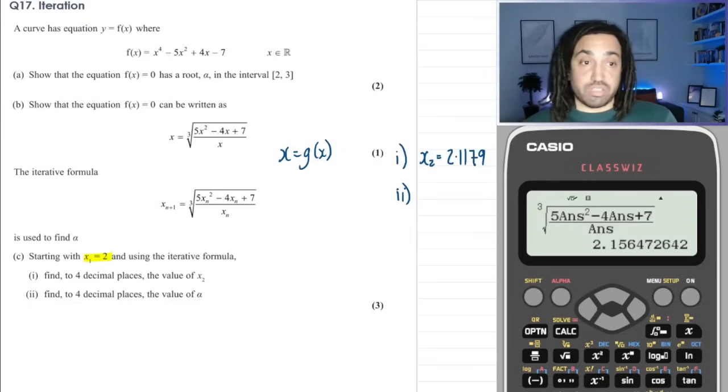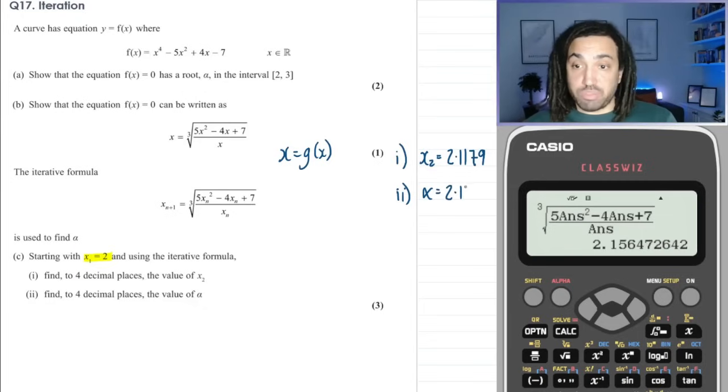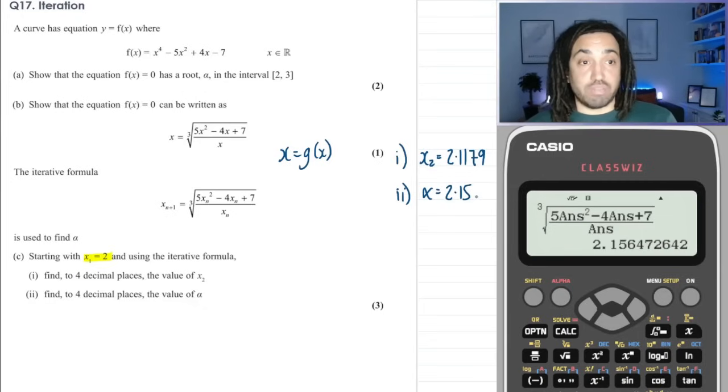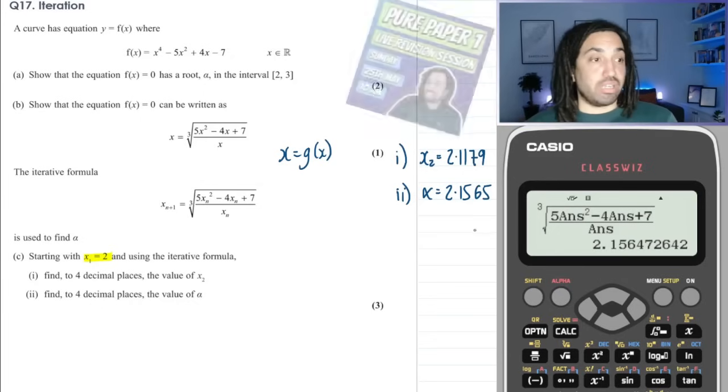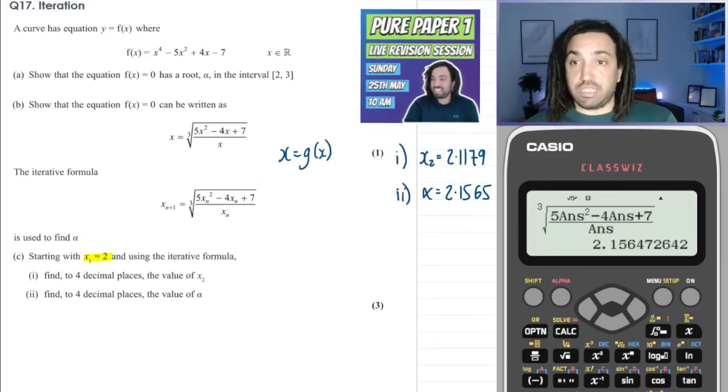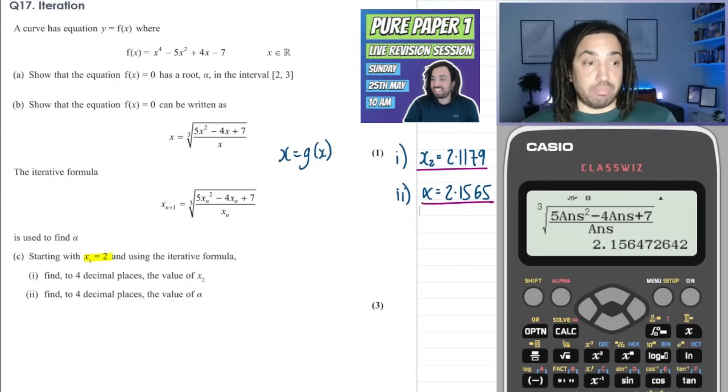So that root is correct to however many decimal places there are there. We only want the first 4, but this is all good, so it's 2.1565 to 4 decimal places. And that is job done, and I think that's about as much fun as you can have in a maths exam.